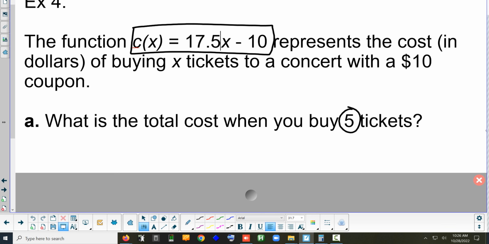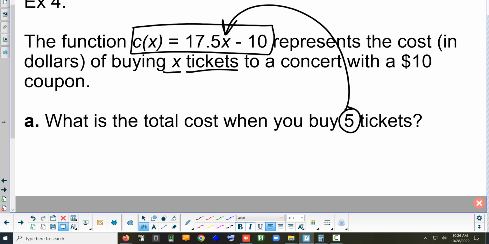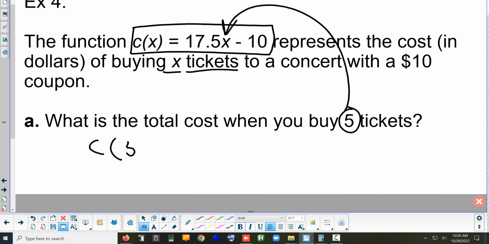X. X is tickets. C of X is the cost of the tickets, not the tickets. So we're going to plug 5 in right there. So we're going to find the cost of 5 tickets. That's C of 5.